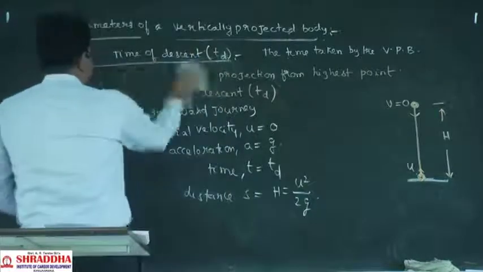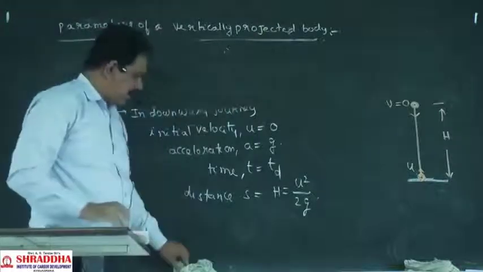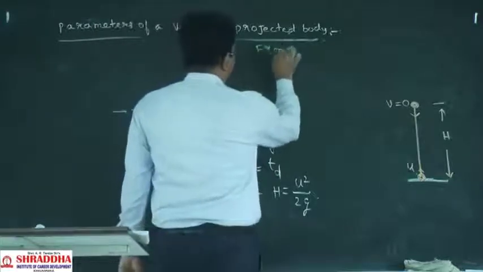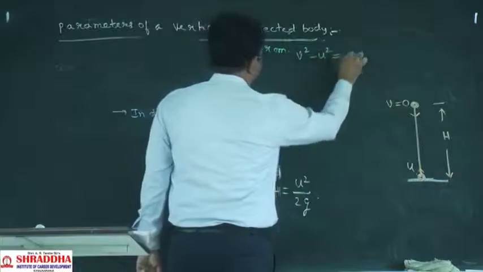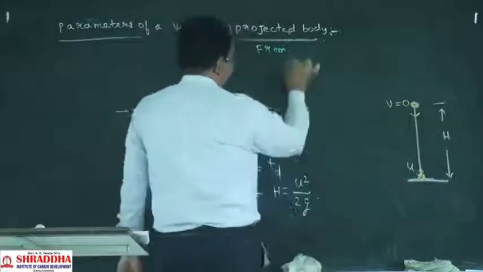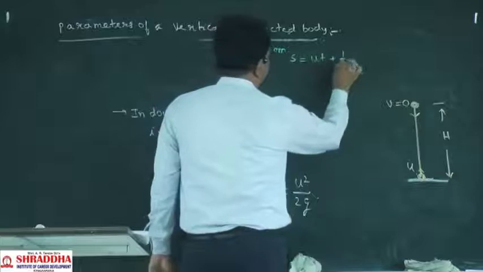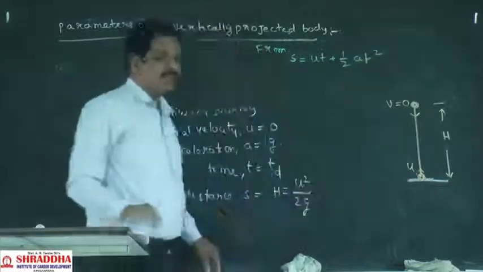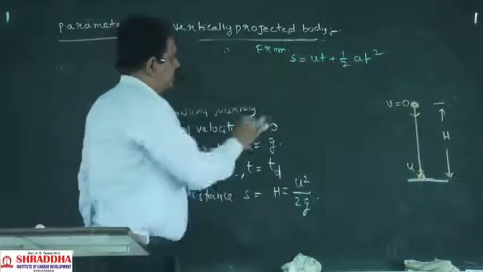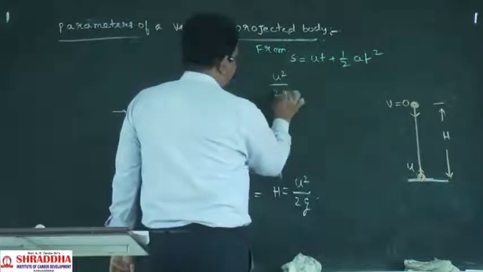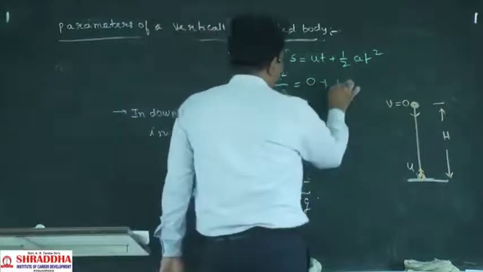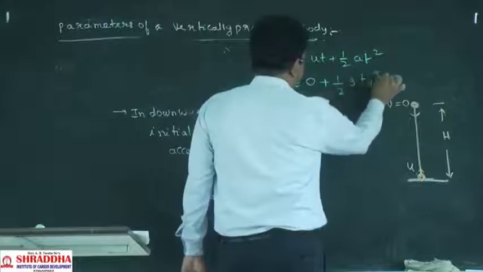By substituting all these values, we will use s is equal to ut plus half a t square. Here s value will be h, that is u square by 2g. u value is 0, so this term will become 0. It is 1 by 2 g td square.